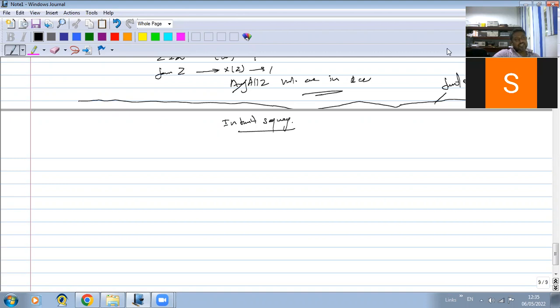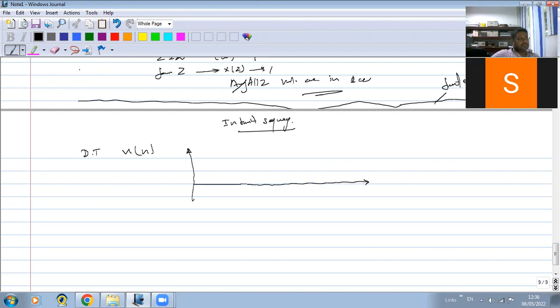Can anyone remember? That is the unit step function, no? The discrete time unit step function. That is our basic infinite sequence.